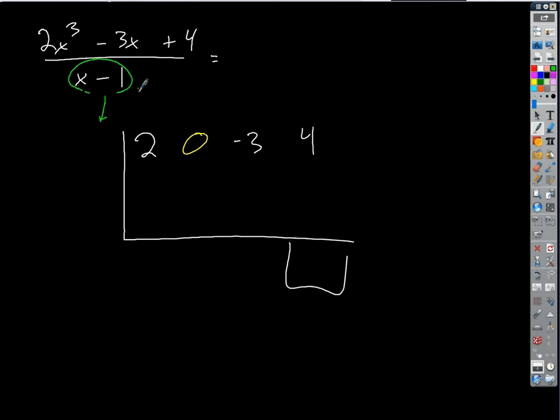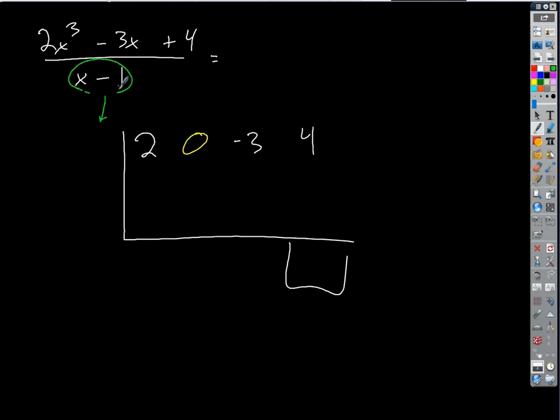Remember, synthetic division only works if you don't have any x squareds or x cubes, if the biggest power of x is x to the 1. And for us, we're not going to deal with any situations where the 0 of the bottom is a fraction. You can. And in calculus, I show everybody how to do that. It's not that big a deal, but it's a little extra complexity.